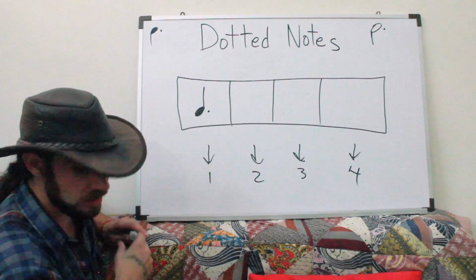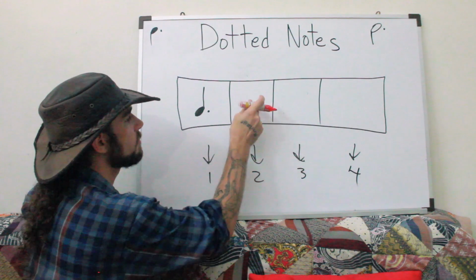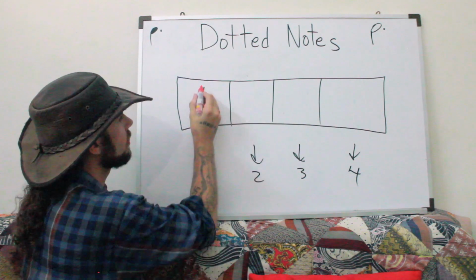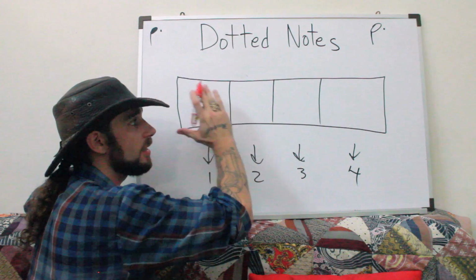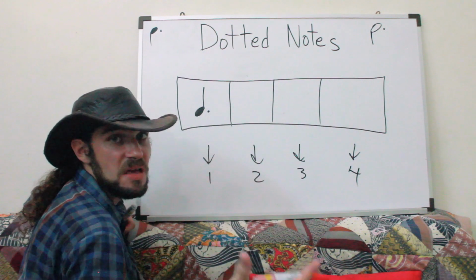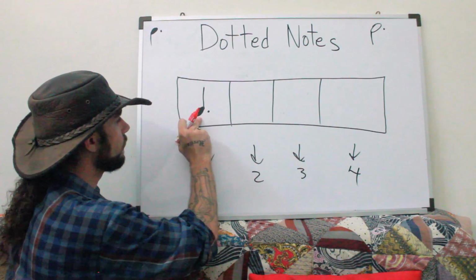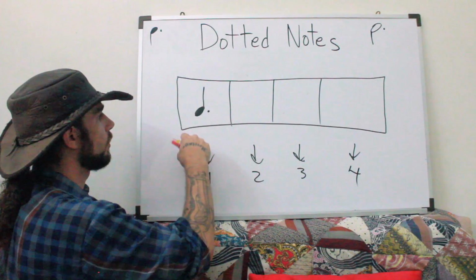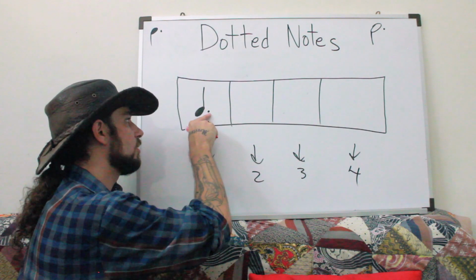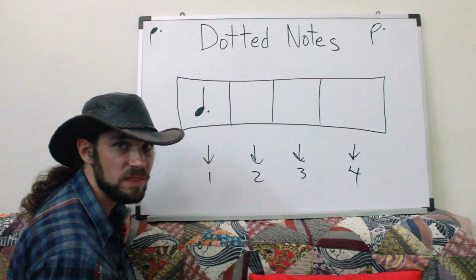Now we know that an eighth note is going to be half of one of these boxes. So we could cut each one of these boxes in half, and we would have 8 boxes. That's why we say eighth notes. So this quarter note is going to take up one box for sure. But then we've got a dot here, and we know that half of a quarter is going to be an eighth.